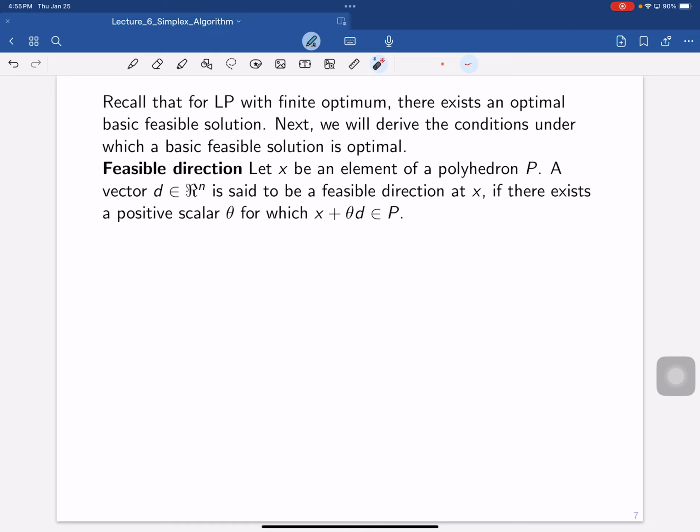I give you a vector d. Now you are wondering, can I go along this vector d and still remain feasible? So if theta is strictly greater than 0, then you can argue that you go slightly along the direction d, you still remain in that polyhedral set. That's why it is called a feasible direction. If theta can only be 0, then that is not a feasible direction, meaning that you can only stay at the current point.